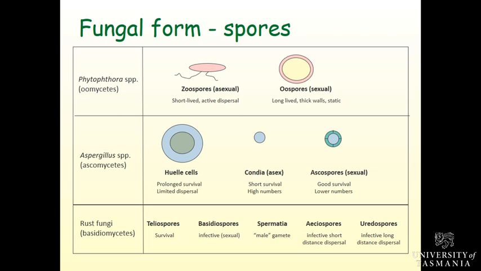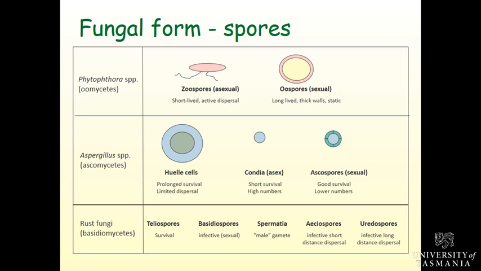Rusts will actually have 5 different spore types, and they can all have different roles. So the teliospores for survival, the basidiospores for dissemination and infection. Spermatia, the male gametes for the reproductive process.